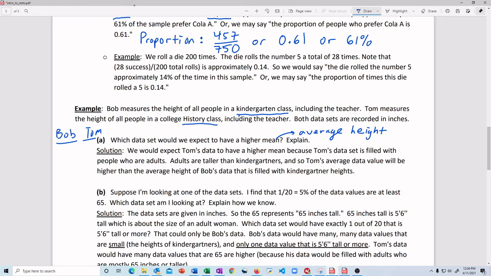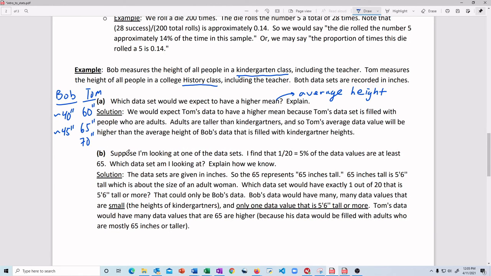But Tom's going to get people who are like 60 inches tall, you're 5 foot tall, and then you're like 65, you're 5'5", and maybe you get 70 inches tall. They're adults. Here, though, you're going to be probably, again, I'm going to look ridiculous, in like the 40 inches, and maybe you're like 45 inches. And so these numbers will be smaller than Tom's numbers, okay? So that's what we should be thinking about. Bigger numbers, bigger average. Smaller numbers, smaller average.